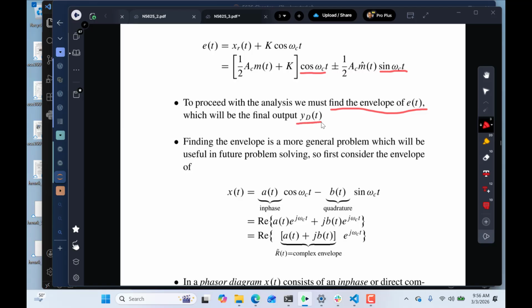And then once we get the envelope, we can get our recovered signal. So I'm saying it's a more general problem. And so I'm just going to take a very general scenario here of having A of t cosine minus B of t sine. So the A is called the in-phase component, and the B is called the quadrature component. One's modulating the cosine, and the other one's modulating the sine carrier.